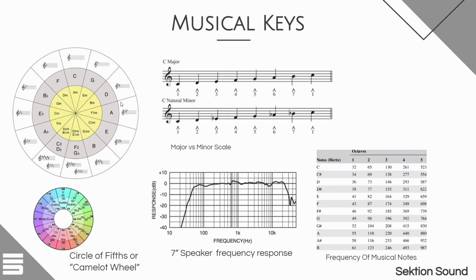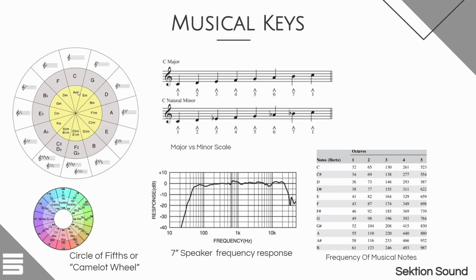And how we use this in DJing is we know that if a track we're playing is in A minor, then we can mix with a track in D minor, E minor, or C major very easily. It's going to sound like the songs pretty much just go together.